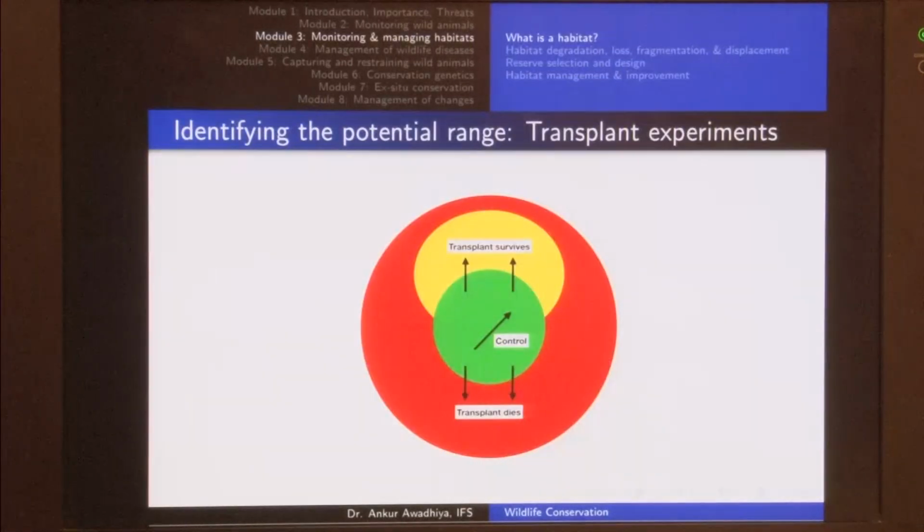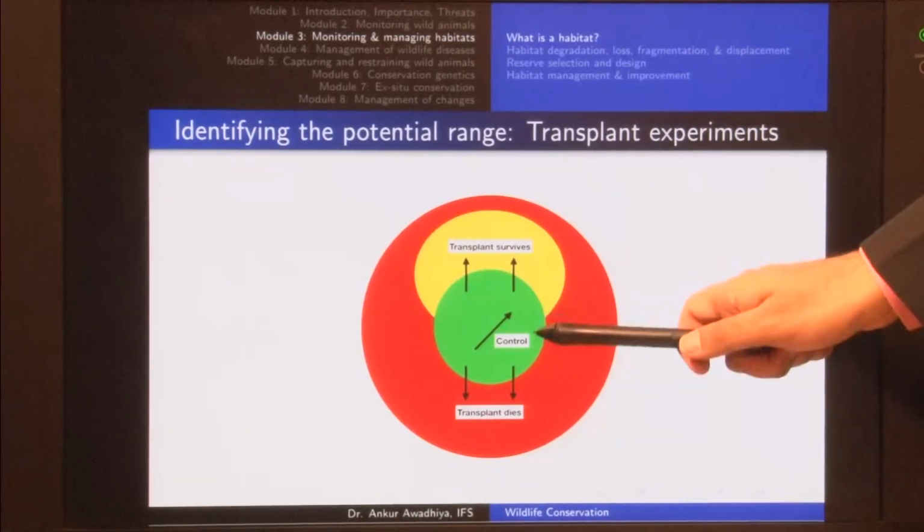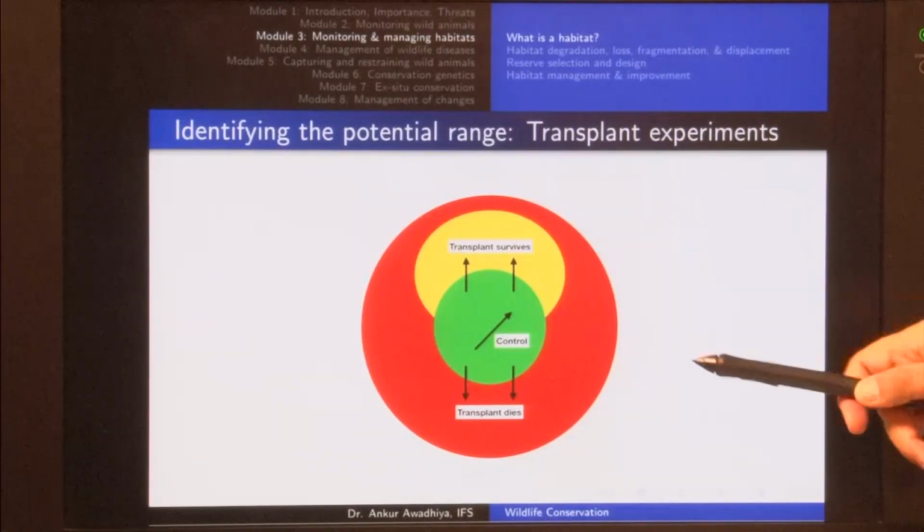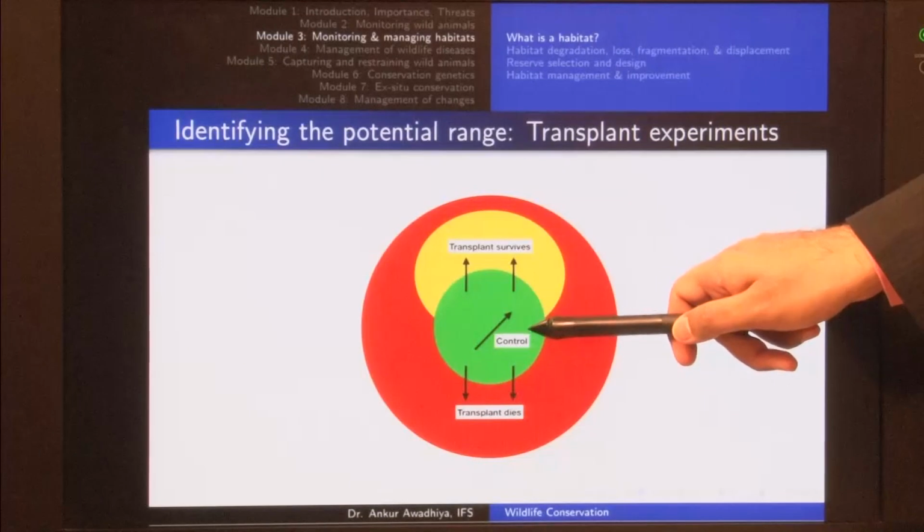Now, when we are talking about dispersals, one thing that comes to mind is the potential range. So, essentially when we say that an animal remains in one area because it finds it a suitable habitat and does not go to another area because that is an unsuitable habitat, how do we prove that it is an unsuitable habitat? In this image the green area shows the distribution of an animal, which we refer to as the control area.